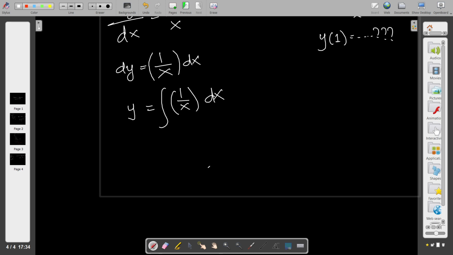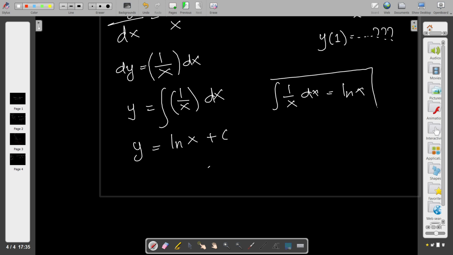The integration of 1 per x equals ln x plus c. This is a formula, so you can just remember it.